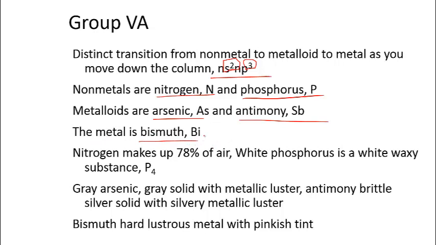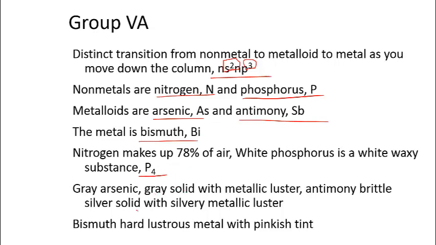Nitrogen occurs as an odorless, colorless, and relatively unreactive gas in the form N2. Nitrogen also makes up about 78% of the dry air we breathe on the planet Earth. White phosphorus, on the other hand, is a white waxy substance, and it has the form P4.